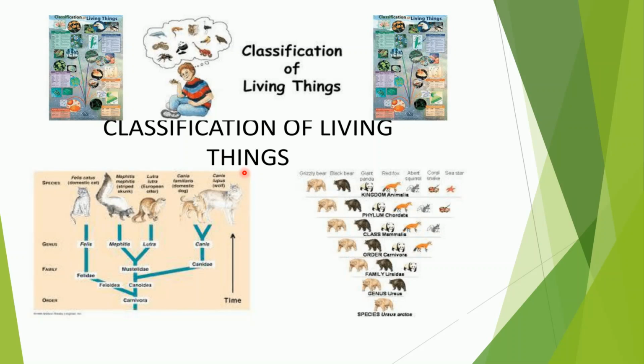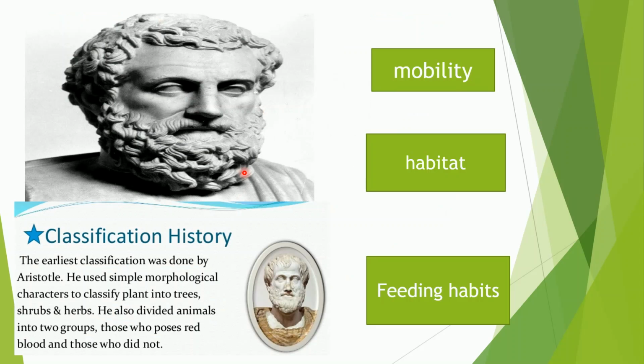But here I would like to mention the three most important scientists whose contribution was very important, and about whom you are dealing in the present chapter. So the first contribution was by none other than the father of biology, that is Aristotle. You can say the foundation of classification was laid by Aristotle.